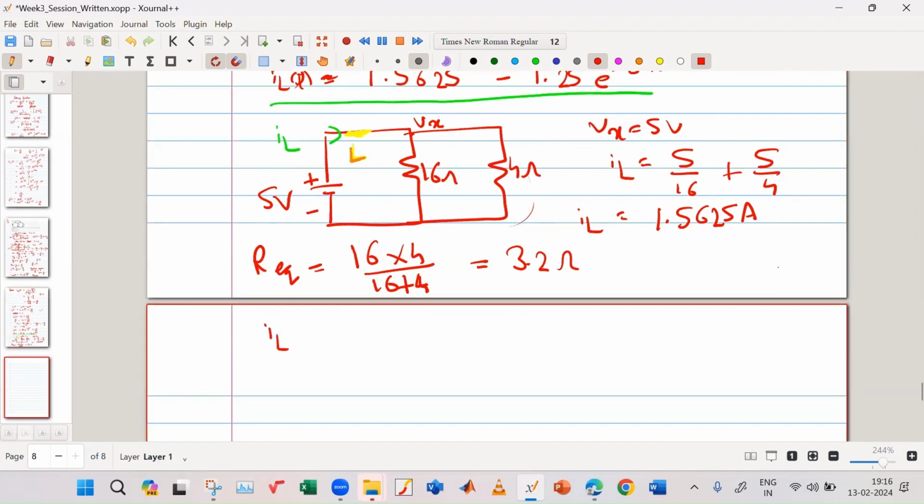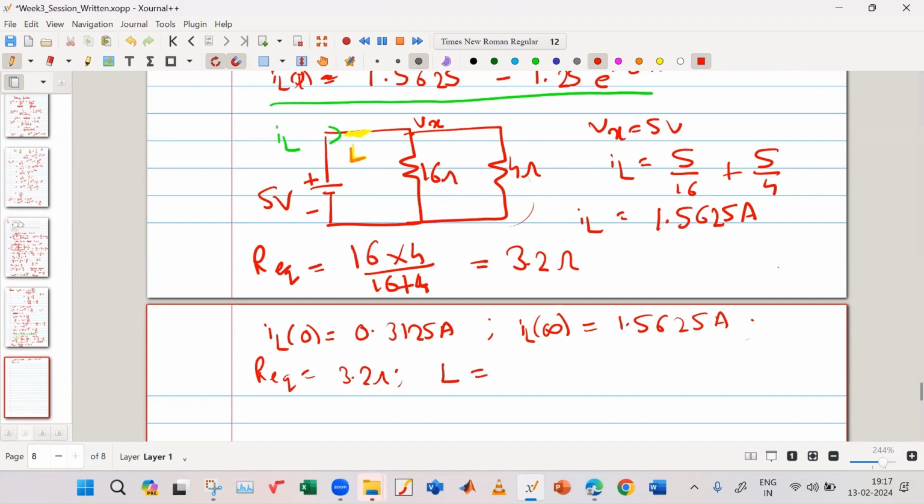So my IL of 0 was 5/16, that is 0.3125 ampere. My IL of infinity is 1.5625 ampere. My R equivalent is 3.2 ohm. My L actually is 8 Henry.